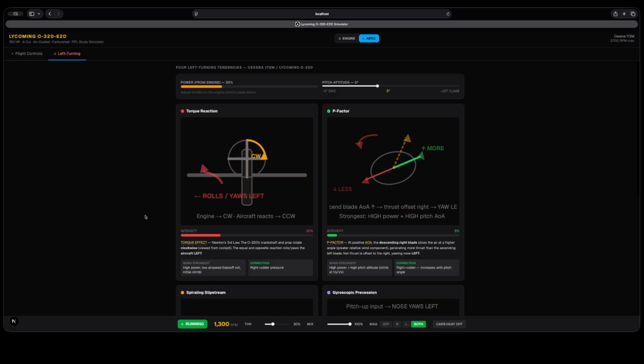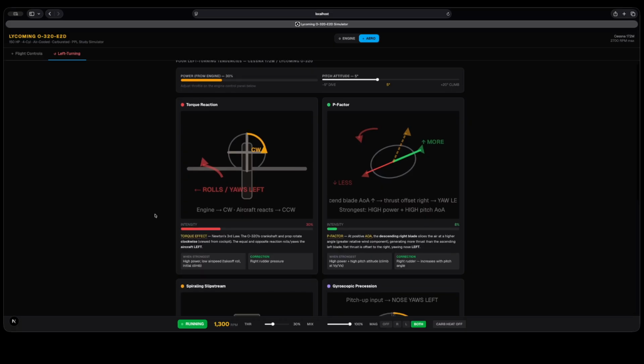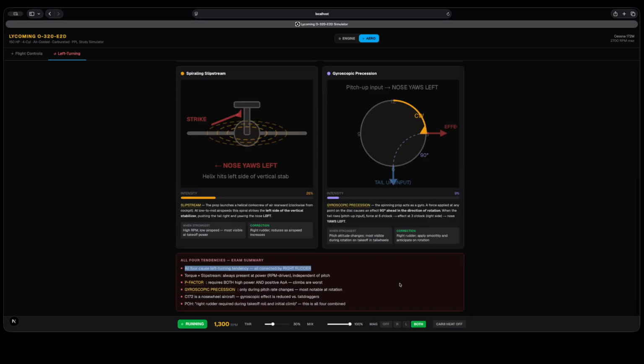And so you can see at a higher angle of attack, which is the difference between the chord line of the wing, specifically the sort of invisible line from the front to the back of the plane's wing, and the angle of wind, or the wind angle coming at the wing. And so that's P factor, and the correction again is just right rudder.